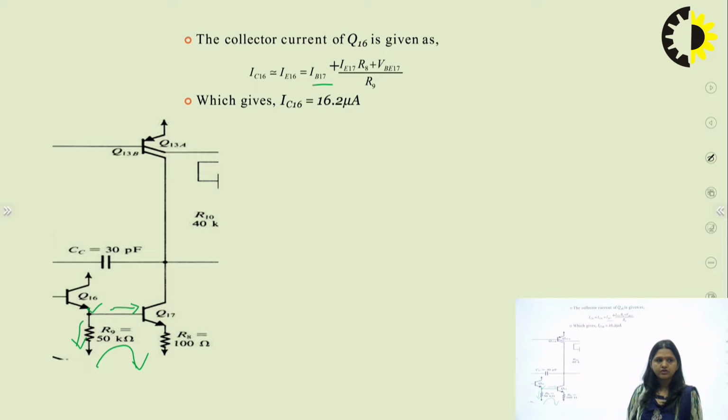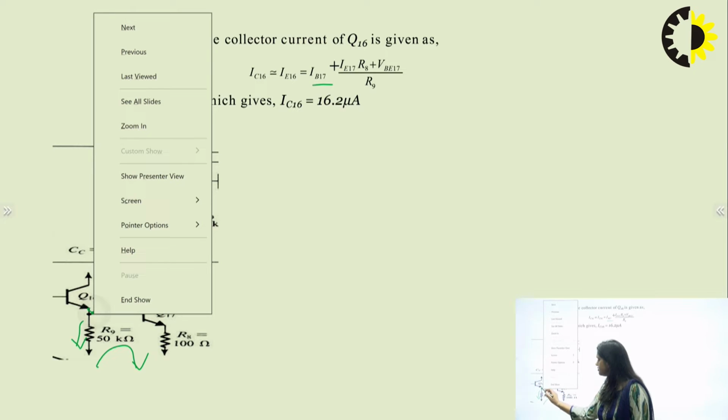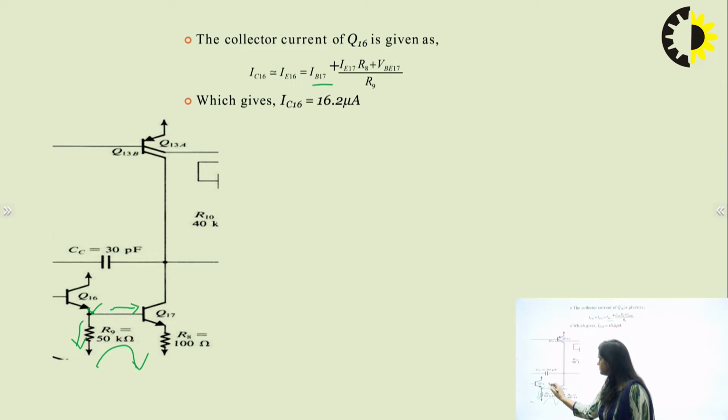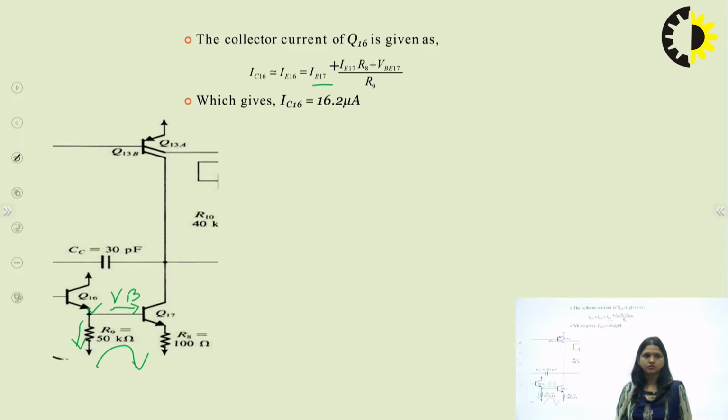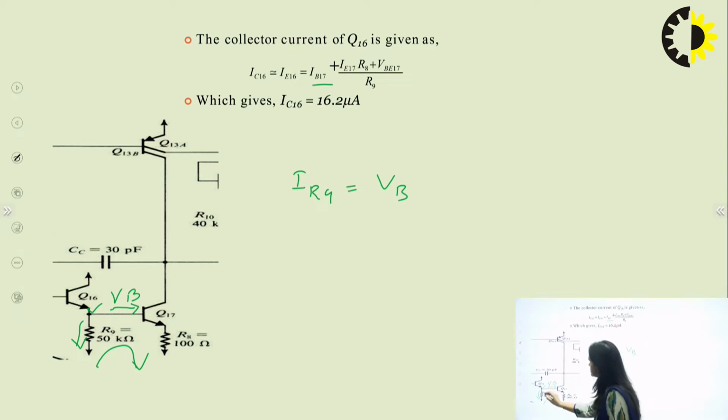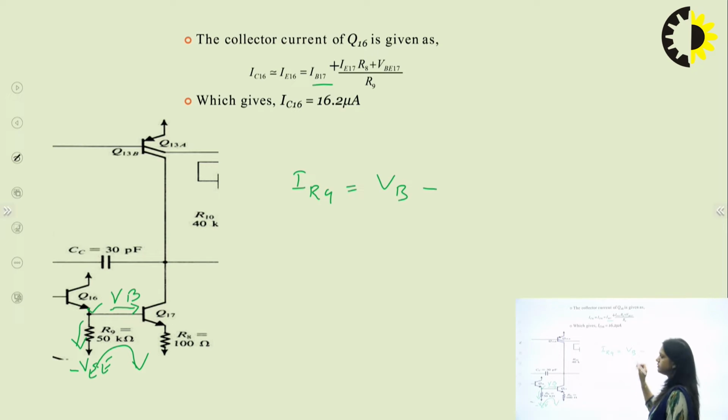Let's say the voltage at this node is represented by VB, the base voltage, and this IR9 is nothing but VB minus minus VEE. If the direction of current is downward, then that will be equal to VB plus VEE divided by R9. So we know the value of VEE, but we don't know the value of VB, the base voltage.